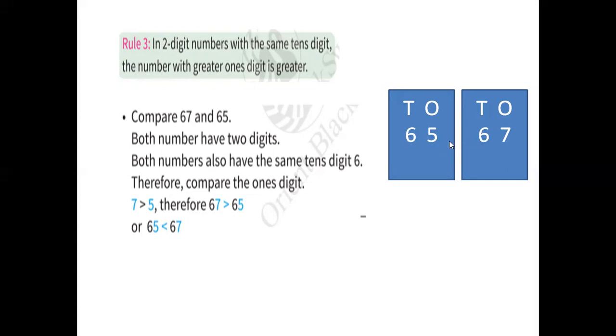Which is greater, 7 or 5? Obviously 7 is greater. So 7 is greater than 5. Therefore 67 is greater than 65 or 65 is lesser than 67. Understood? When the tens digits have the same number, then we should see the ones digit. Okay. I hope you all understood how to compare the numbers now.